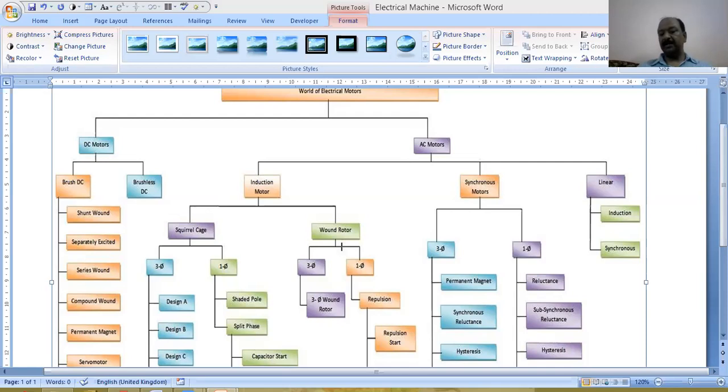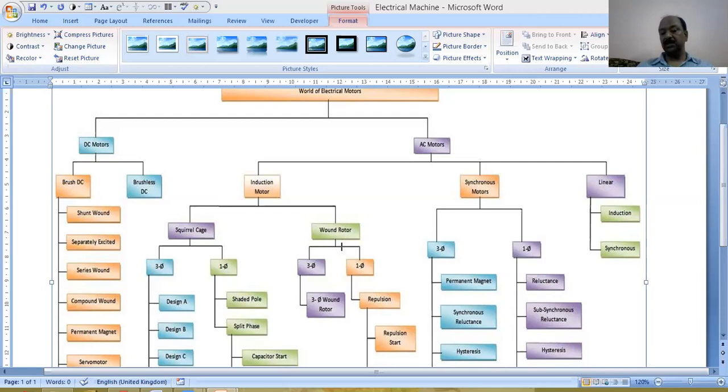Split phase, like the capacitor start motor, has quite different applications from the others. It requires a capacitor at the start just to start the motor, and then we disconnect the capacitor from the supply, and the motor continues to run without requiring any other source.